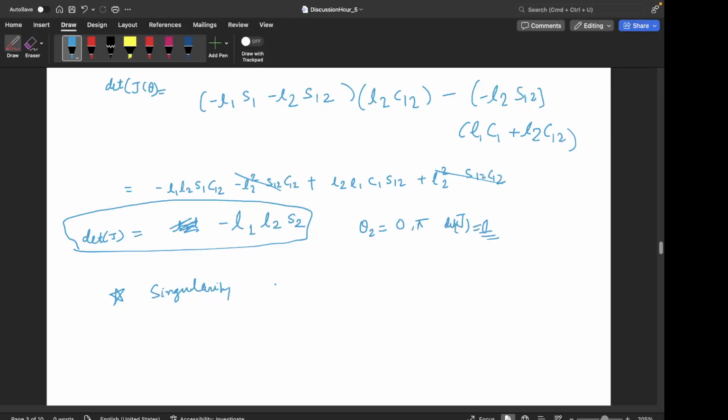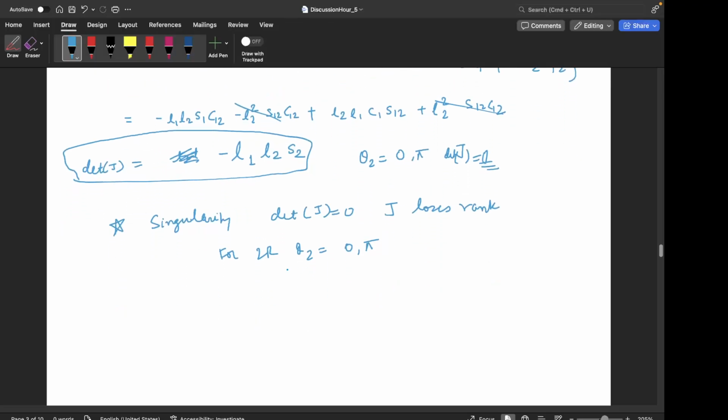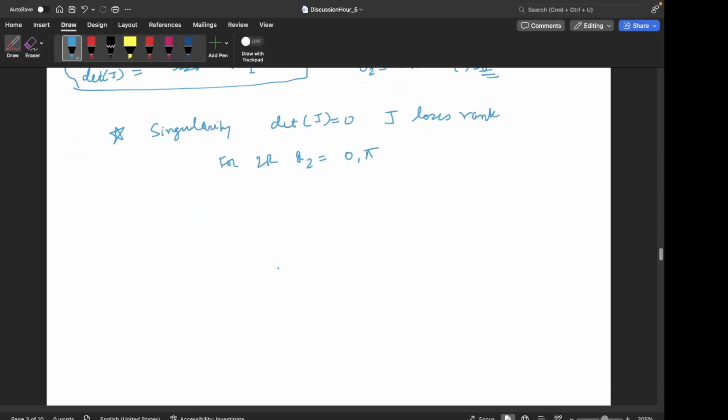So when the determinant of J is 0, that means that J loses rank. For a 2R manipulator, this is when theta 2 is 0 or pi. So either the manipulator is folded onto itself or fully extended. So those are two special configurations.